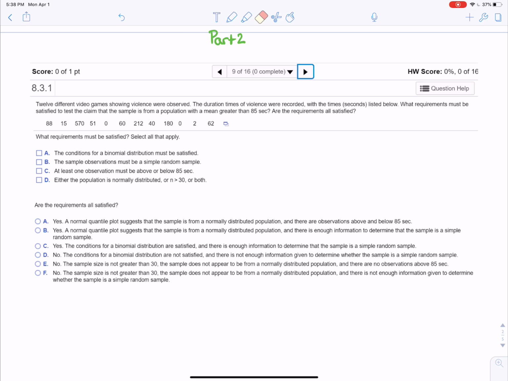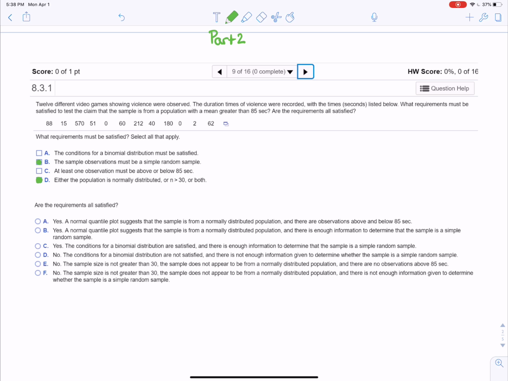The first one is this option D. Either the population is normally distributed or n is greater than 30 or both. We saw that with our central limit theorem as well. The other requirement that has to be met is that it has to be from a simple random sample. If we look at our answer at the bottom here, we don't have our n greater than or equal to 30, so we can't use our sample size.